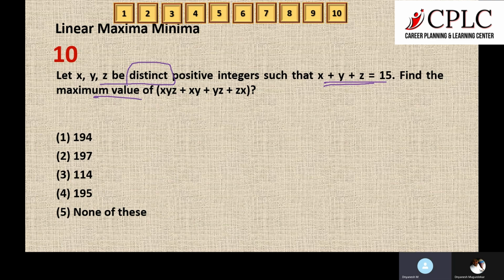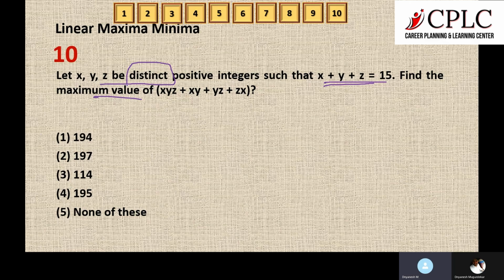So obviously, when we were doing the concept, we had created some cases as a layman's explanation. And if you understood the pattern, the product will always be maximum when the numbers are equal. And as you keep spreading the numbers away from each other, the product keeps on decreasing. So obviously, we want the best of both worlds.